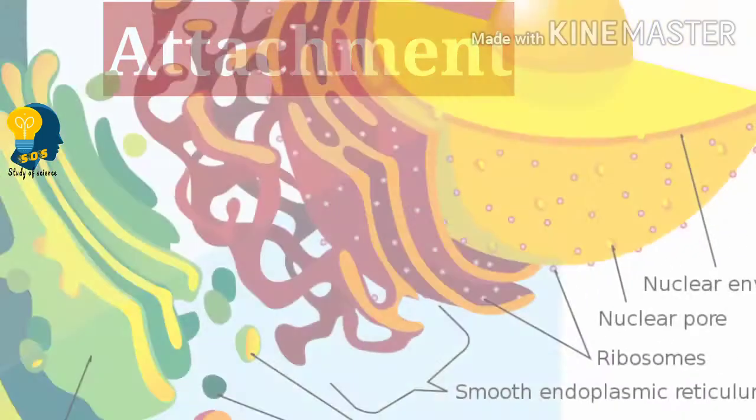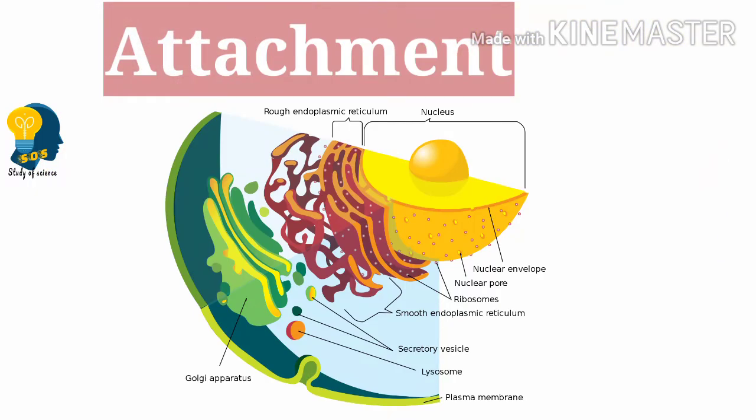Right. Now let us understand about the attachment. One side of the endoplasmic reticulum is attached to the nuclear membrane, and another side is attached to the plasma membrane. Please listen very carefully.